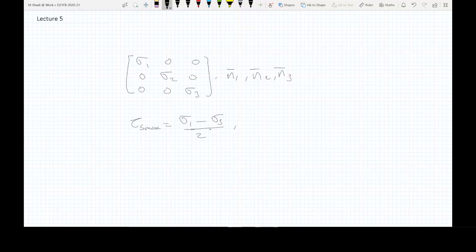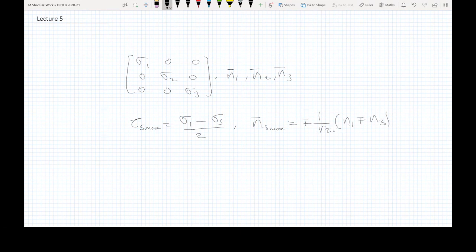And the plane where this maximum shear stress exists is going to be NS max. This vector is plus minus 1 over square root of 2 of N1 plus minus N3.